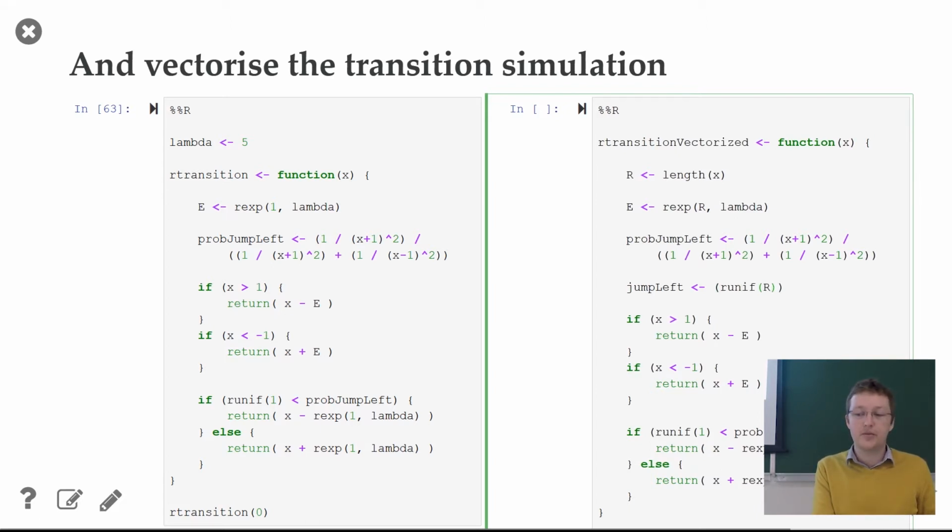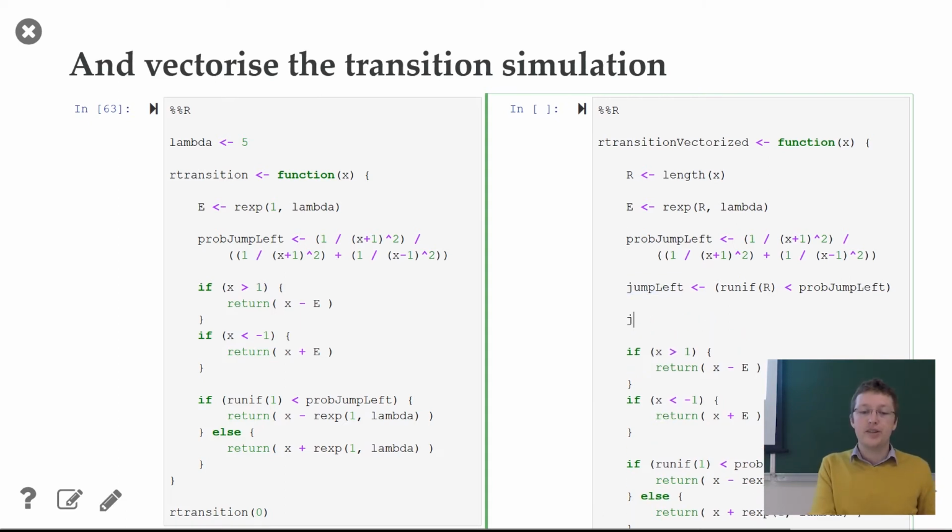If we flip a coin for each of the R Markov chains, runif(R) will give you capital R coins to flip, and then prob jump left will weight each of the coins differently depending on which Markov chain you're looking at. So jump left will be some random vector of true and false for each of those Markov chains: is it jumping left?